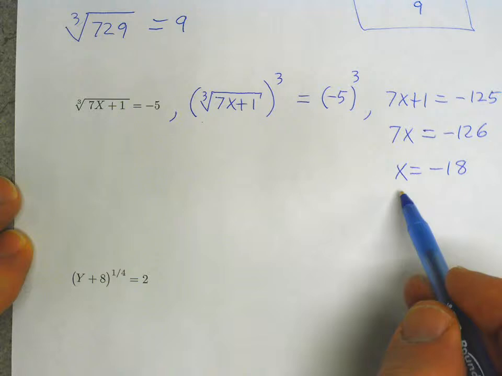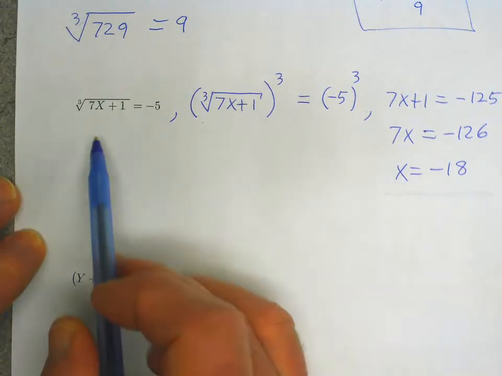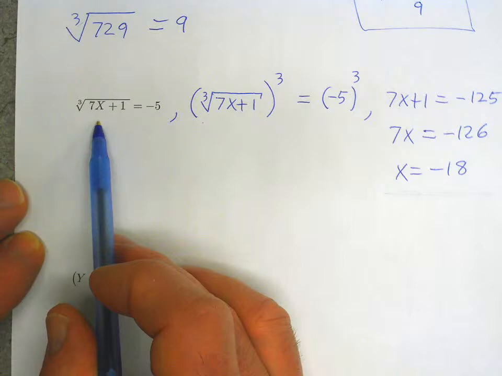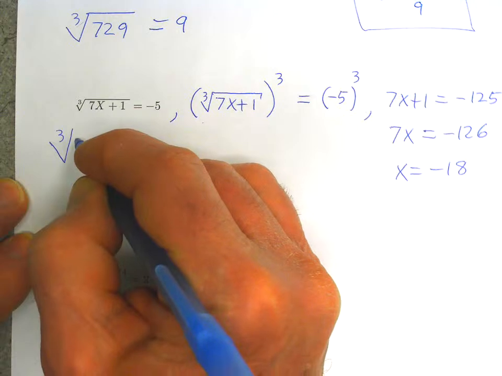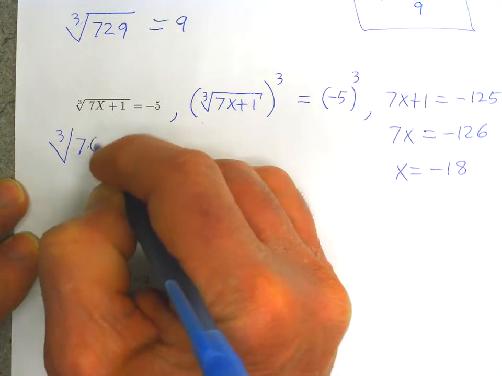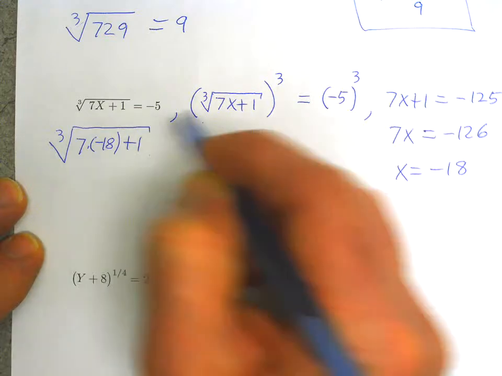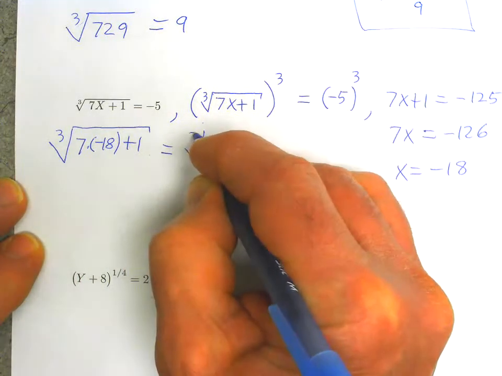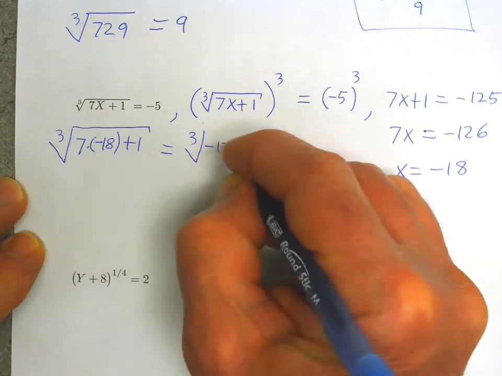Okay, so this only takes a few seconds to check. In the original equation, replace x with negative 18. So we have the cube root of 7 times negative 18 plus 1. And 7 times negative 18 is negative 126.